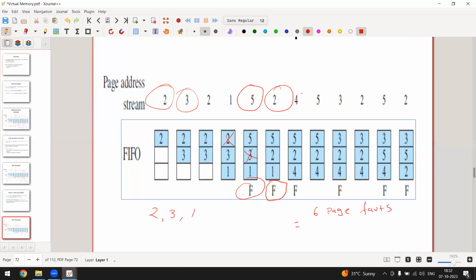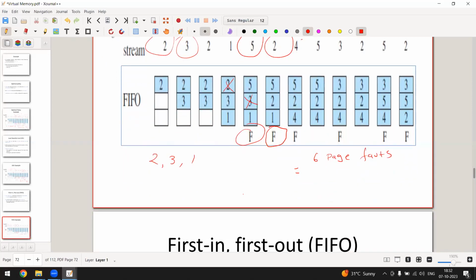So if we look at the page fault rate for the individual policies, you see that the optimal policy page fault rate was, sorry, 25%.